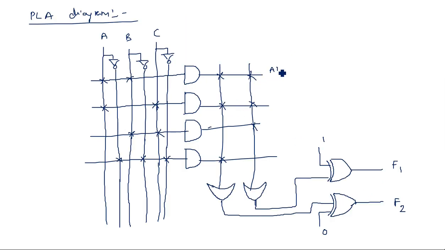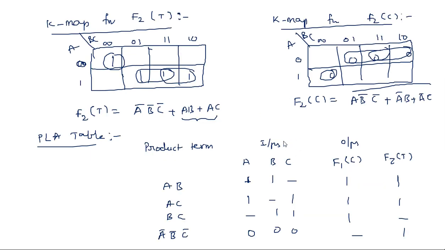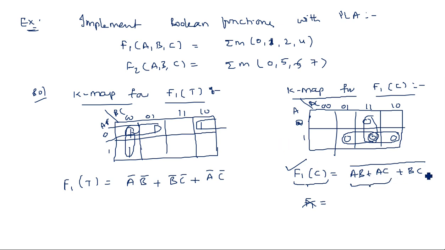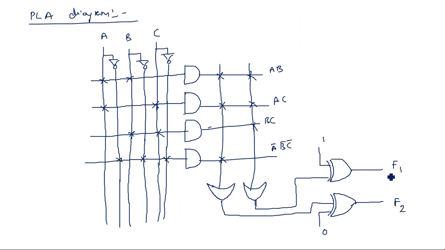The product terms here are AB, AC, BC, and here it is A bar, B bar, C bar. So the expression is AB, AC, BC whole bar. F1 has AB, AC, BC and it gives you the complement. We have got this.